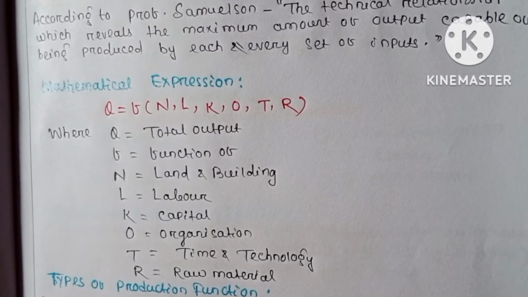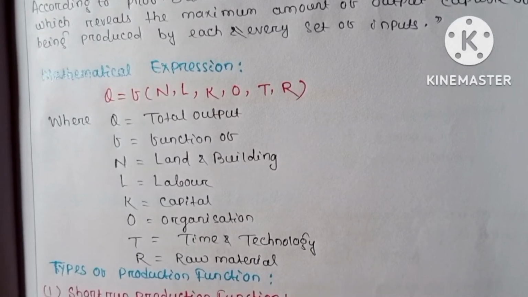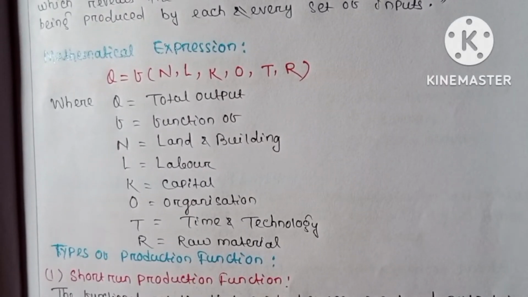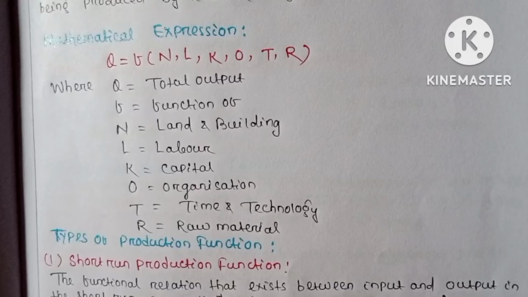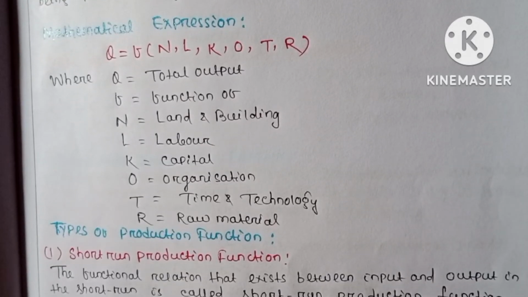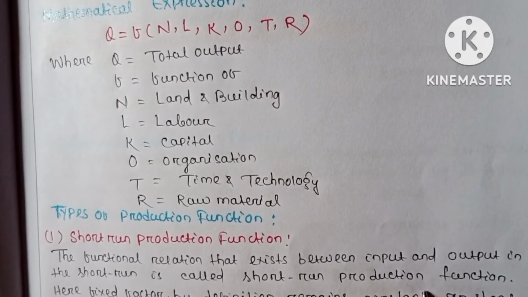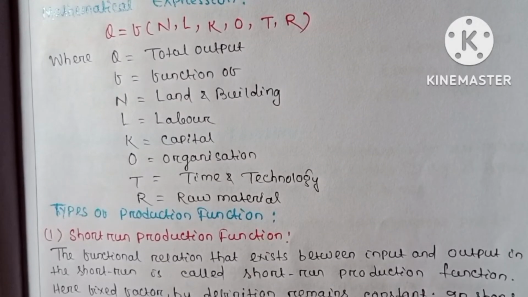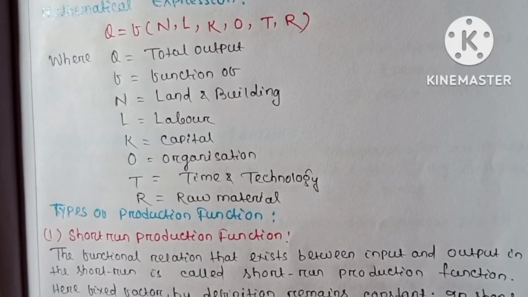Now let's see what is short-run production function. The functional relation that exists between input and output in the short run is called short-run production function. So very simple. The technical relation that exists between physical input and physical output in the short run is called short-run production function.